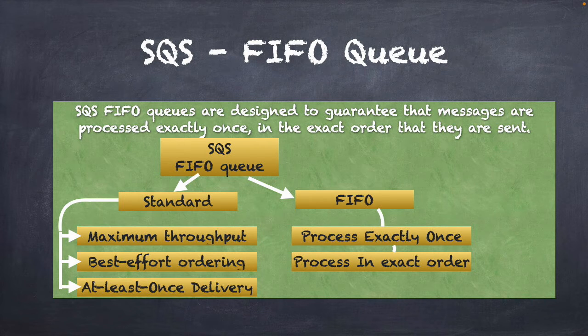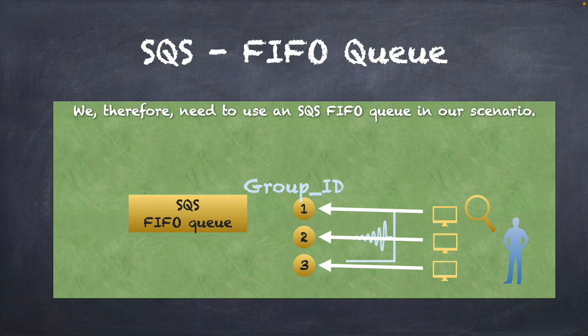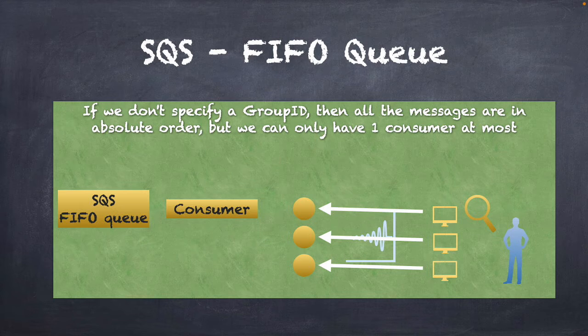SQS FIFO, on the other hand: FIFO queues are designed to guarantee that messages are processed exactly once in the exact order that they are sent. We therefore need to use an SQS FIFO queue in our scenario. If we do not specify a group ID attribute, then all the messages are in absolute order, but we can only have one consumer at most.